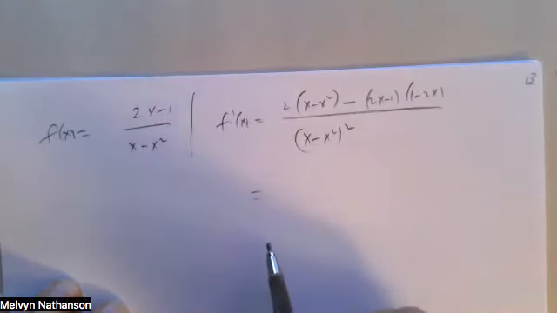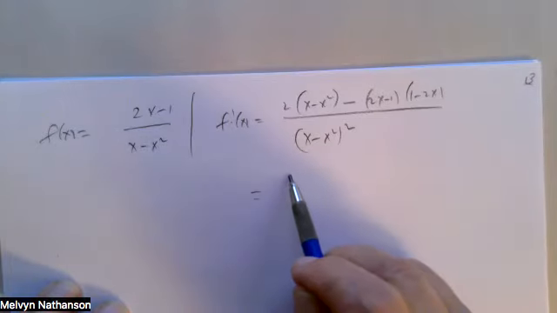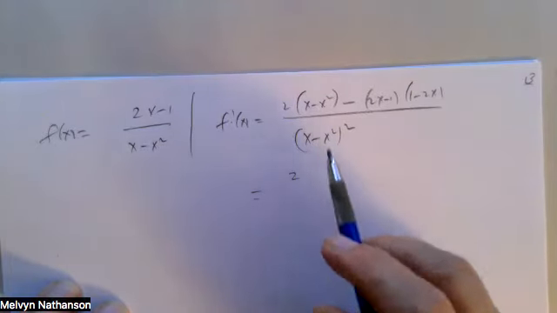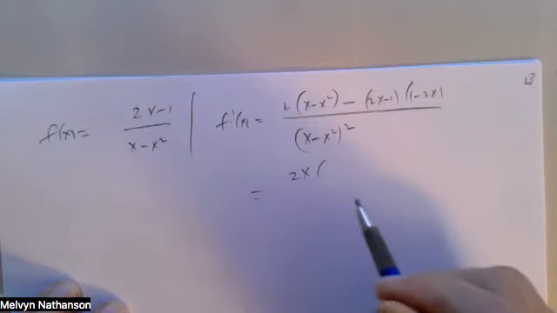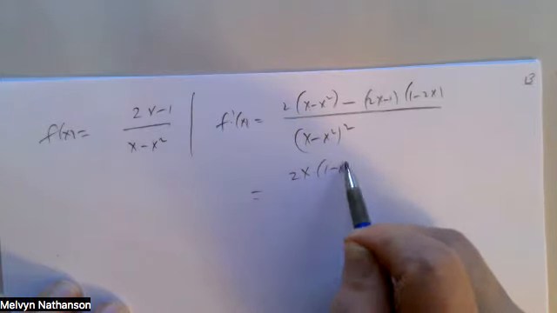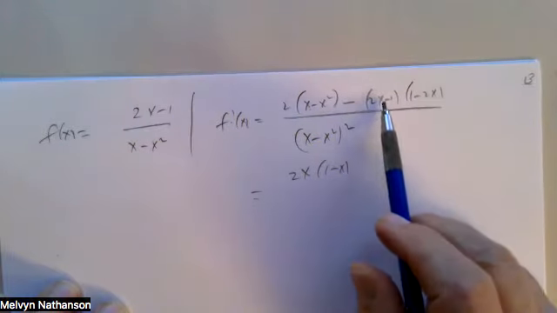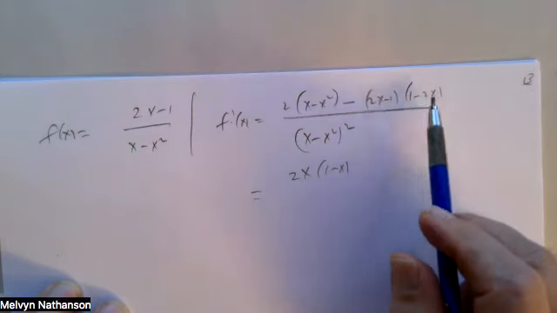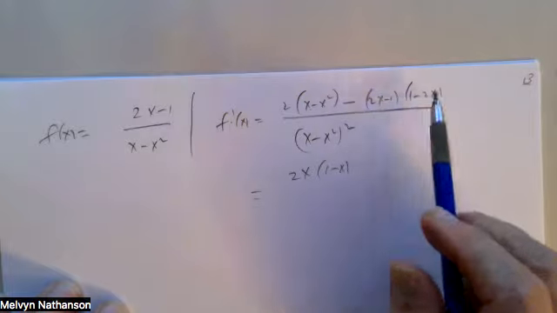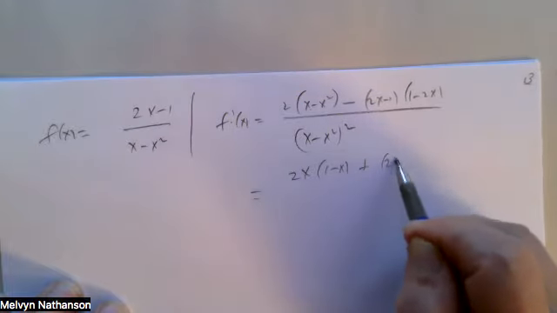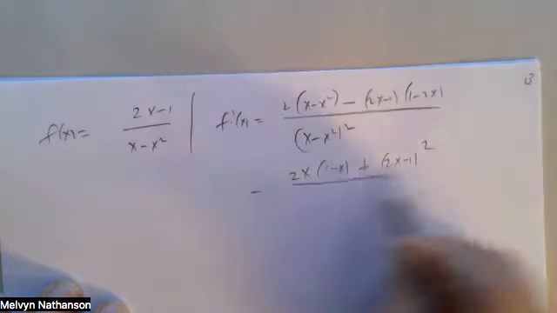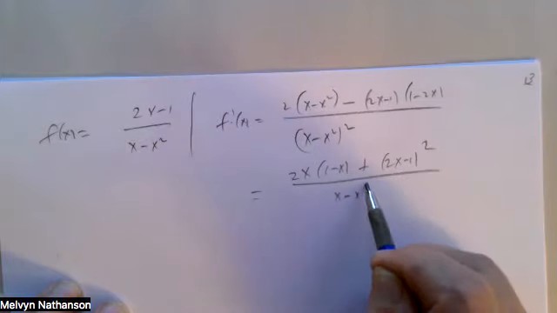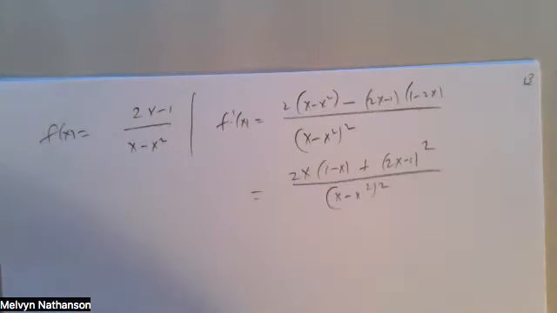So this is equal to 2x minus x squared, 2x times 1 minus x, and I have 2x minus 1 times 1 minus 2x, which is minus 2x minus 1. If I change the sign, this is plus 2x minus 1 squared over x minus x squared squared.